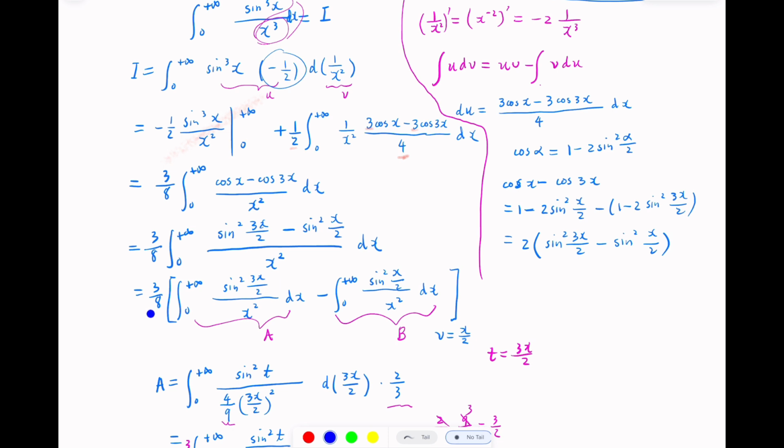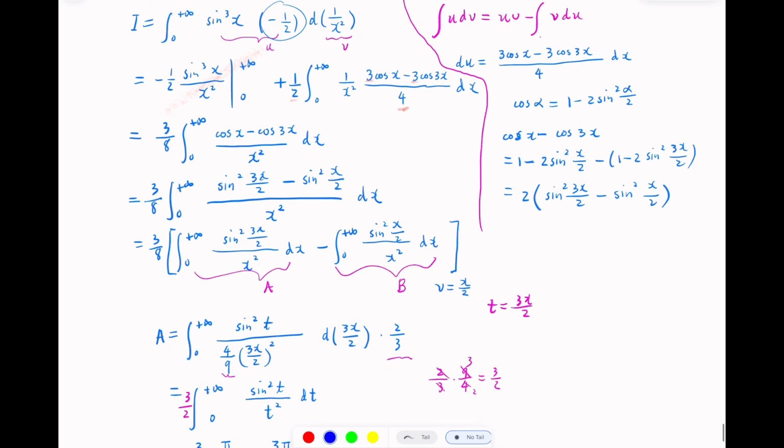Wait, earlier I think I'm missing a coefficient here. Oh yes, there's a 2 here. Sorry, earlier there was a mistake. We're missing a factor of 2. So which means this should be times 2, 3/4. So that is 3/4 times a minus b.